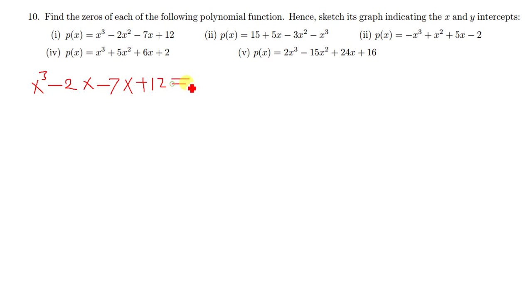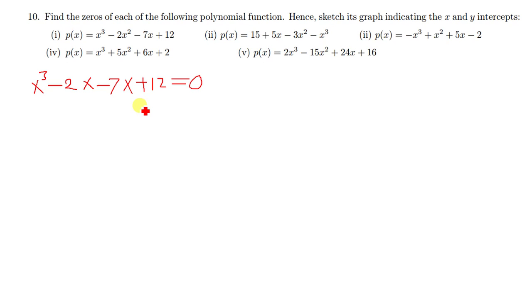So this whole thing is equal to 0. And then from there, you factorize this in order to start finding the zeros. So how do you now factorize? You first have to use what is called the trial and error method, to find the first factor there.